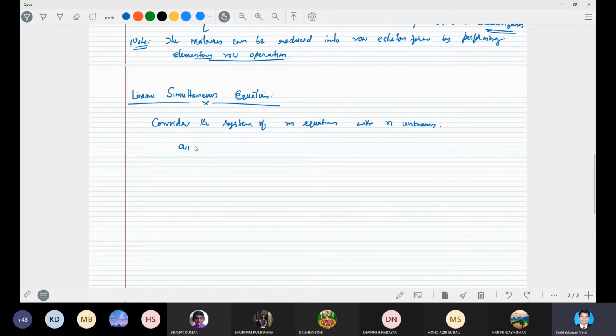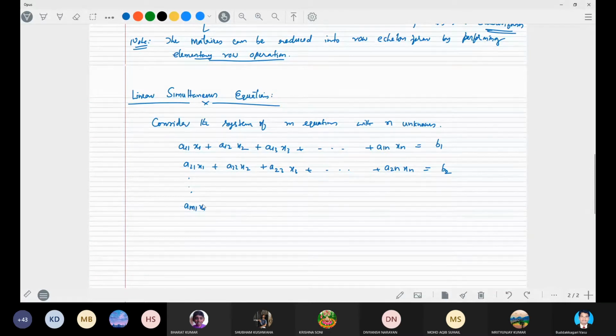Say a11 x1 plus a12 x2 plus a13 x3 plus so on plus a1n xn is equal to b1, a21 x1 plus a22 x2 plus a23 x3 plus so on plus a2n xn is equal to b2, and so on, am1 x1 plus am2 x2 plus am3 x3 plus so on plus amn xn is equal to bm.